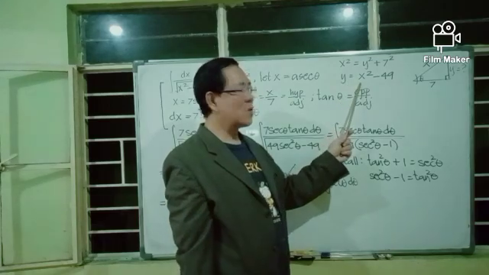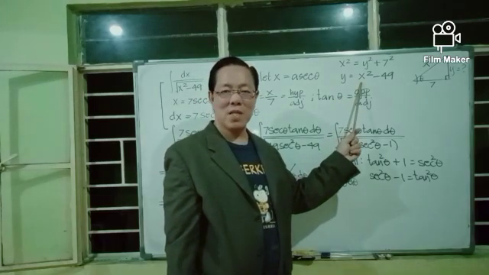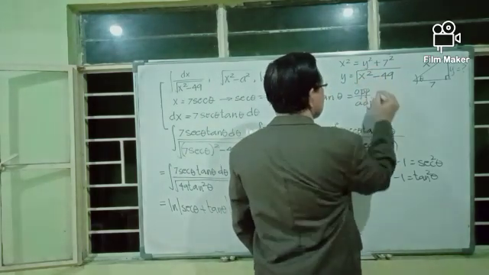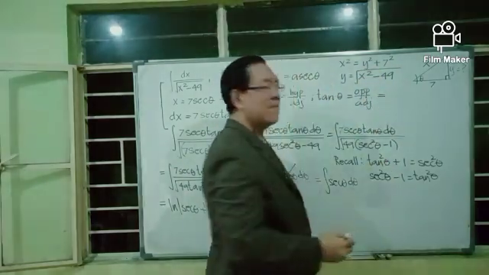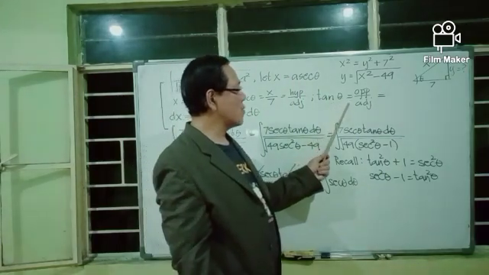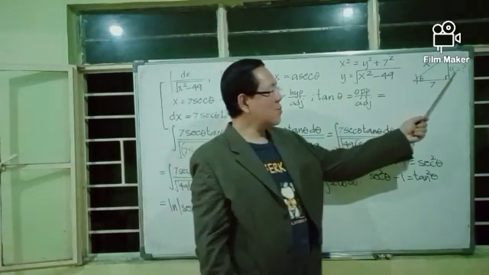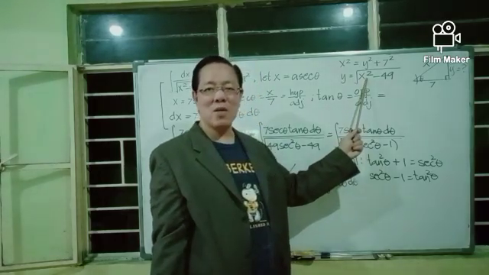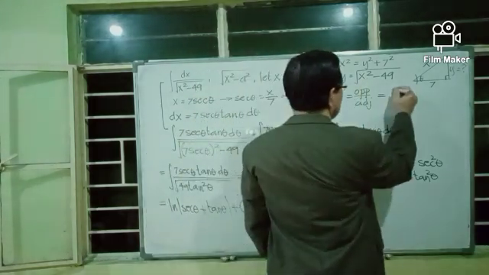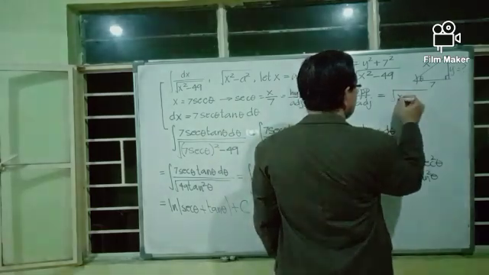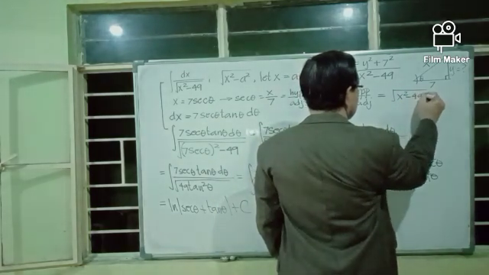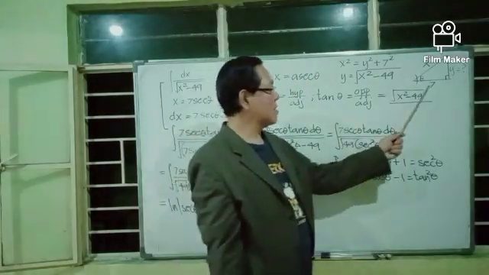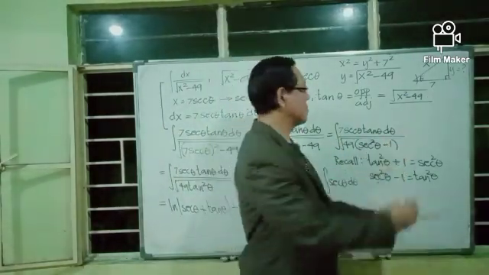Therefore, y is equal to the square root of x squared minus 49. Therefore, the tangent of theta is equal to the opposite side, which we denote by y, and the value is the square root of x squared minus 49, over the adjacent side, and the adjacent side is 7.